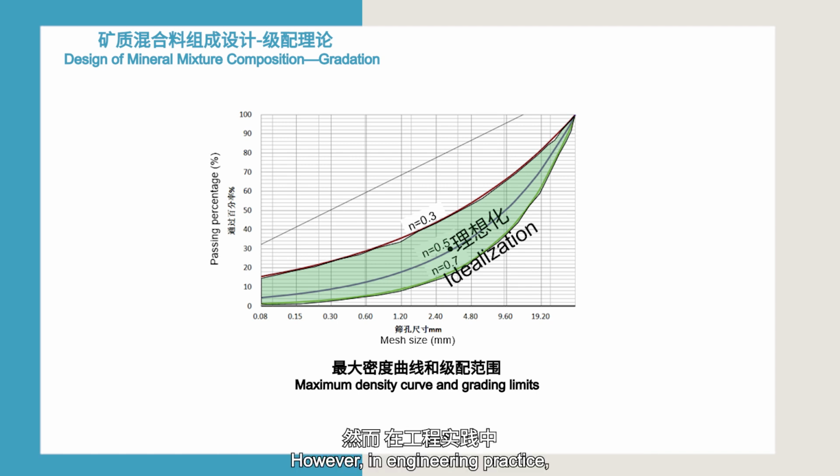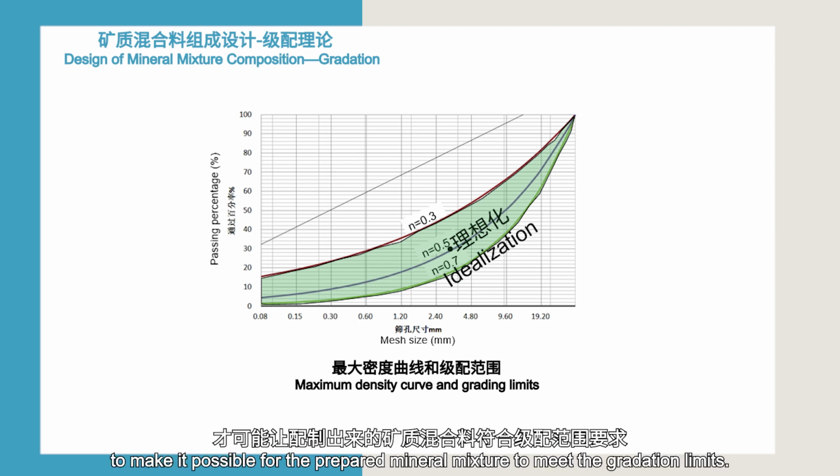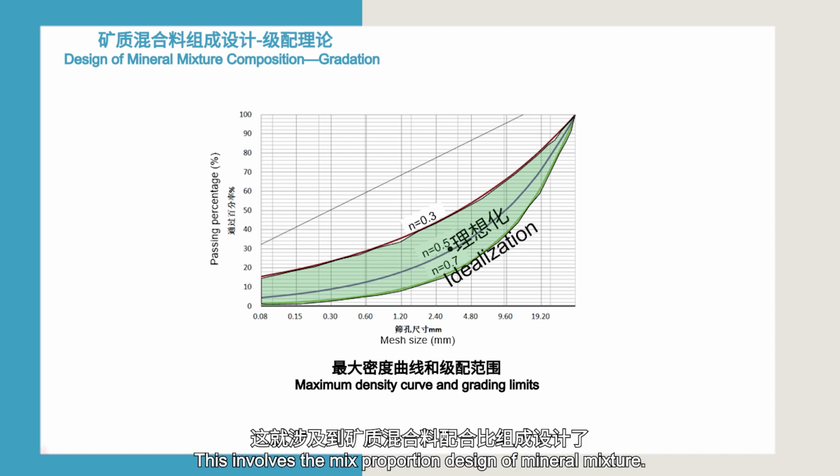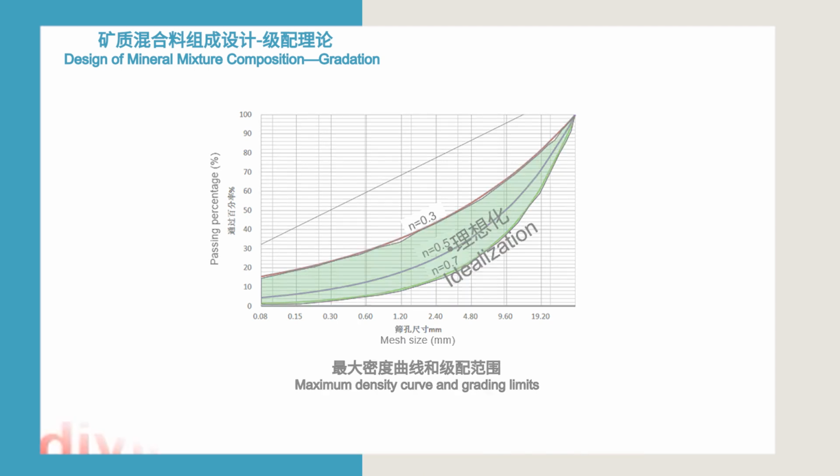However, in engineering practice, it is difficult for a certain natural aggregate gradation to meet the requirements of a certain gradation range. We should combine multiple aggregates to make it possible for the prepared mineral mixture to meet the gradation limits. So, what is the appropriate proportion of these aggregates? This involves the mixed proportion design of mineral mixture.